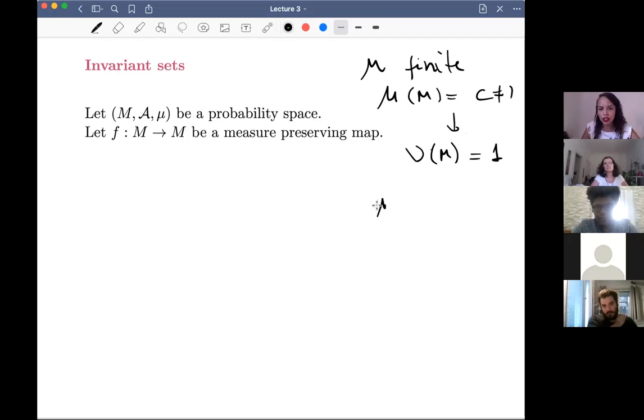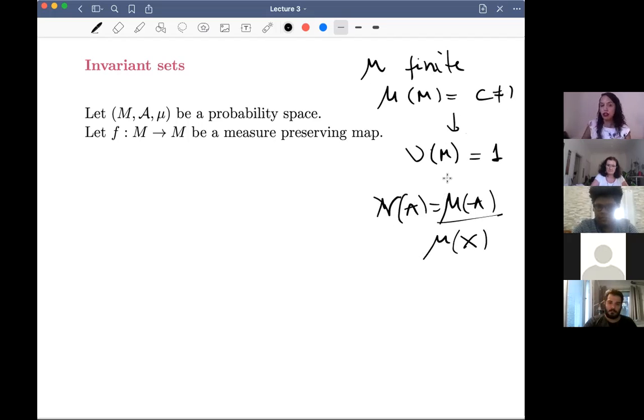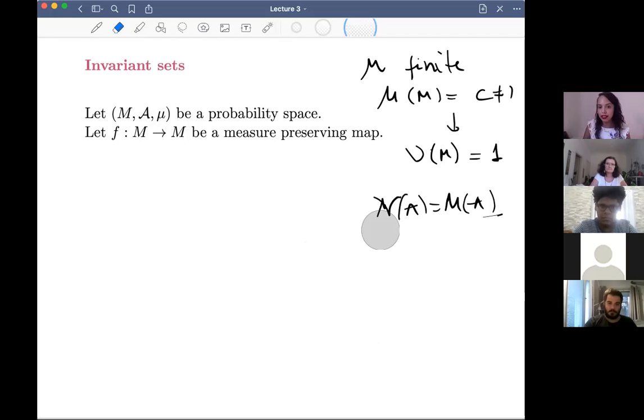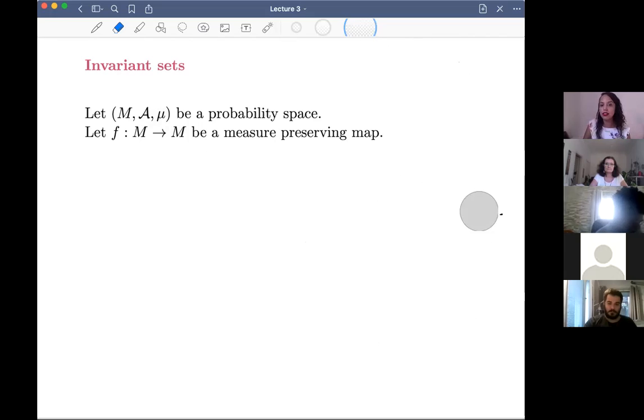Define mu by taking the measure of A divided by the measure of the whole space. You normalize the measure, and now the measure of the whole space is the measure of M over the measure of M, and that's 1. Fine. So you can always think that finite or probability is the same thing. So we will fix probabilities, meaning that the measure of the whole space is 1.